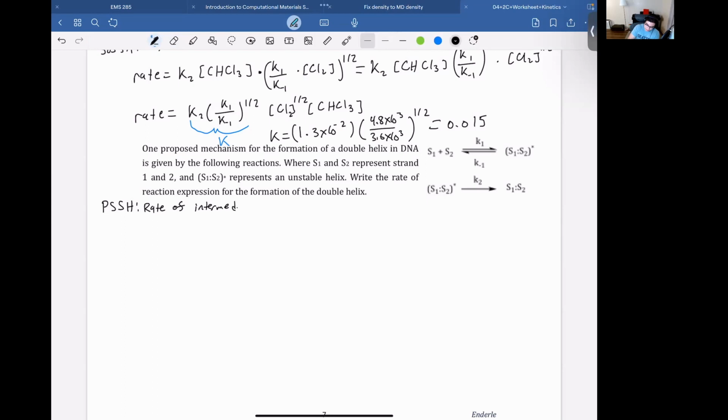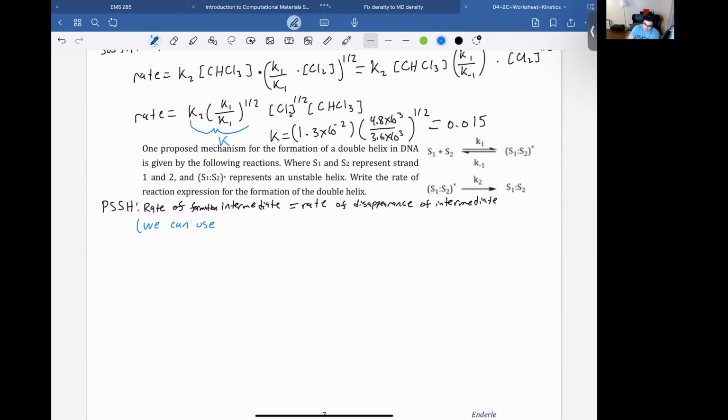The rate of formation of the intermediate is equal to the rate of disappearance. So why does this work here? You form this unstable double helix in the middle, right? It's the intermediate of this reaction. Since it's an unstable intermediate, we get to use this.